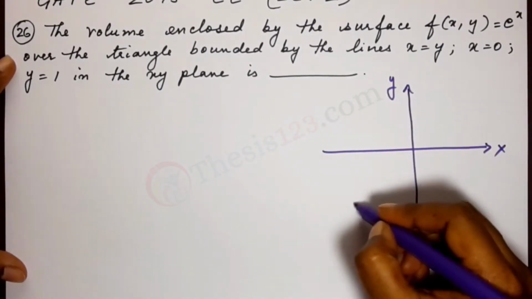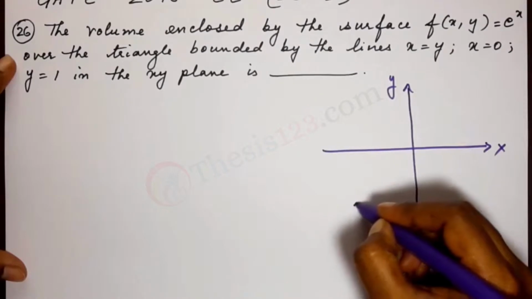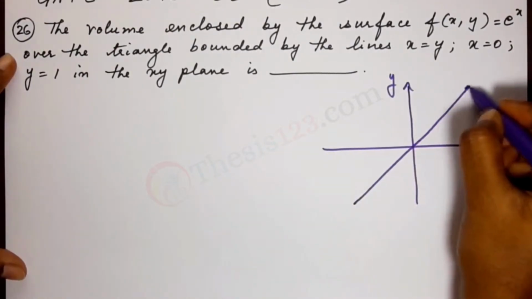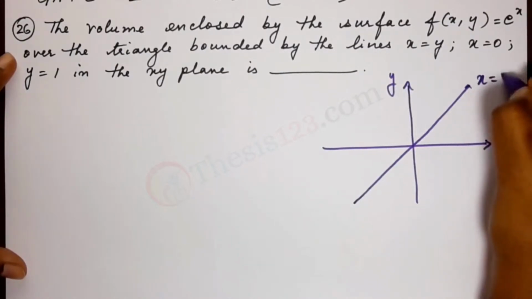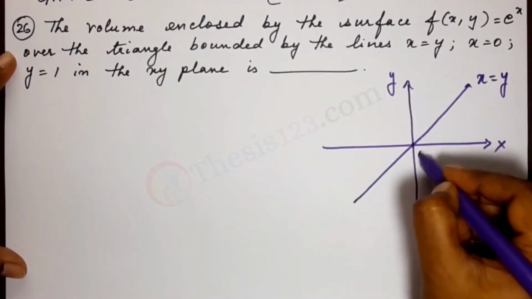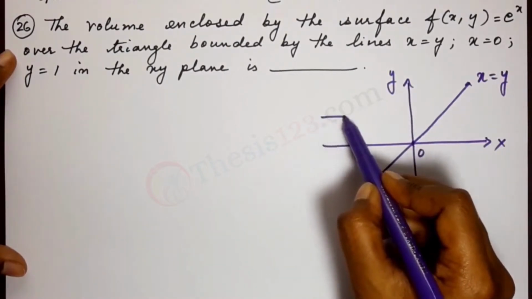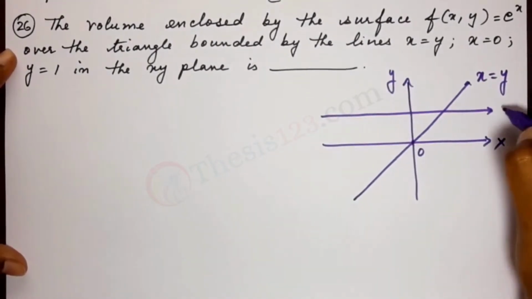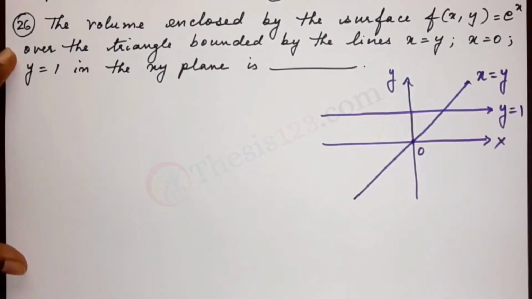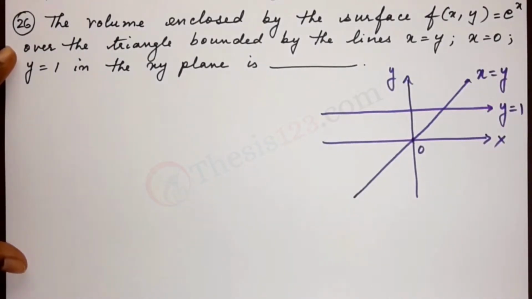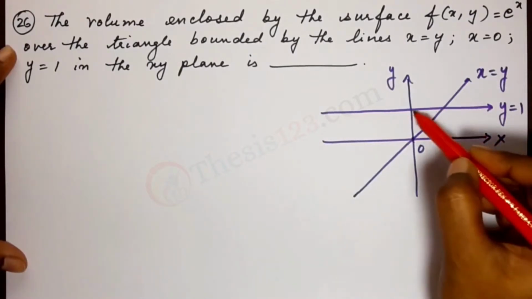We have x equals y, which would be a linear line this way. This is x equals y. Here we have 0. y equals 1 would be a horizontal line this way. y equals 1.